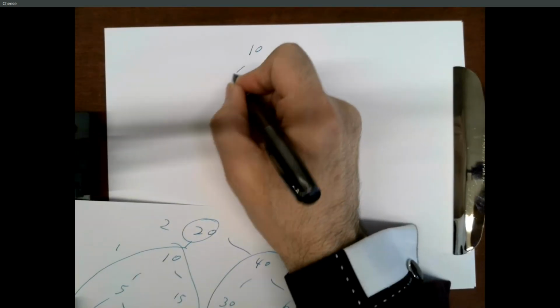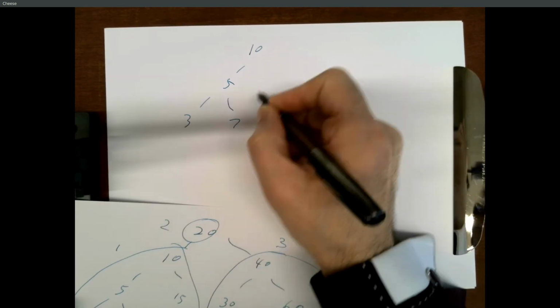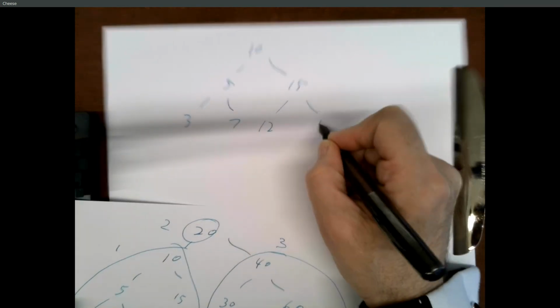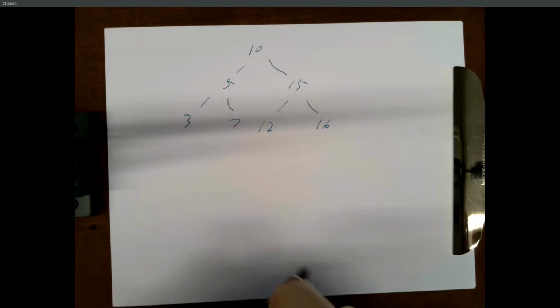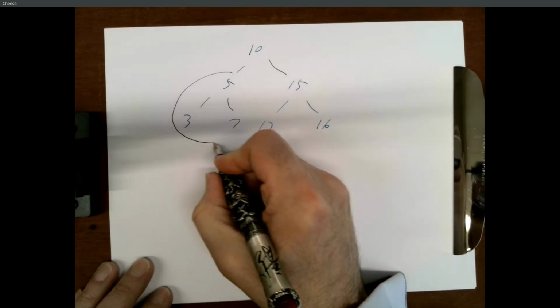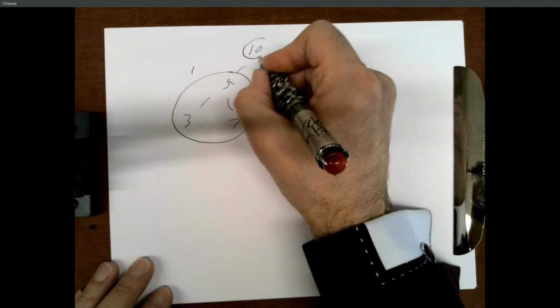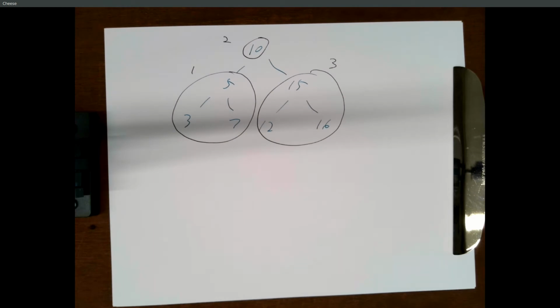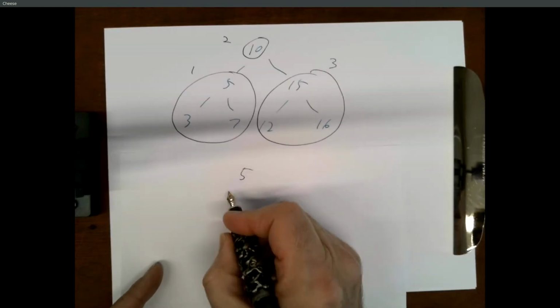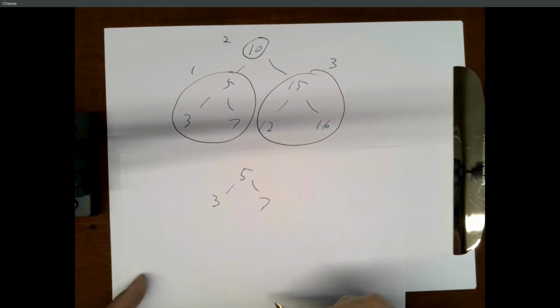So here's a 10, a 5, a 3, a 7, a 15, a 12, and a 16. Okay, and I'll switch colors. So to traverse this, first we need to traverse the left subtree, then we need to print the root data, then we need to traverse the right subtree. So you find another friend and you say, hey, can you traverse this?